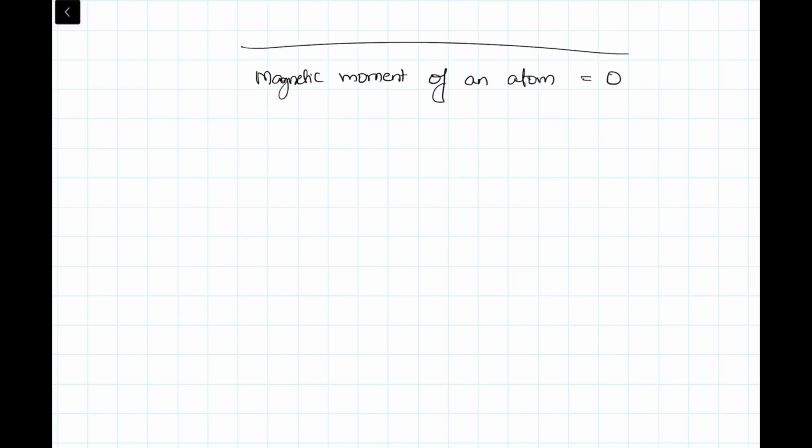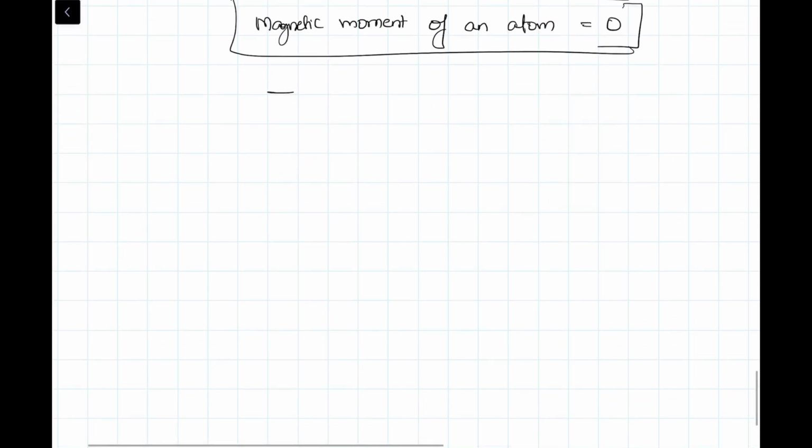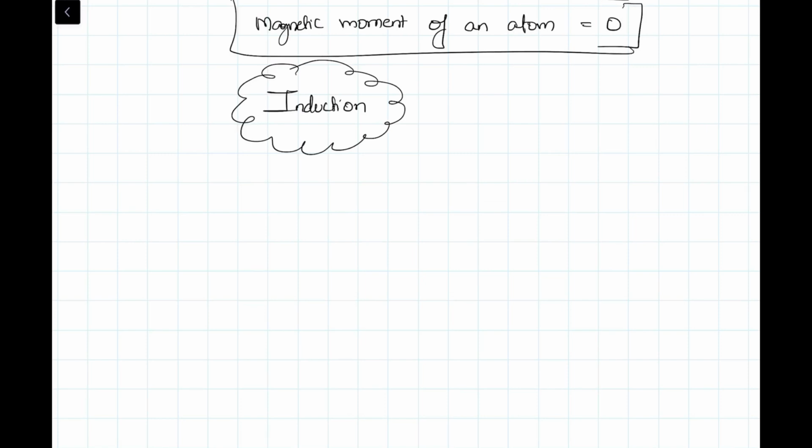In the case of a diamagnetic substance, remember the magnetic moment of an atom is what gives magnetism to any material. The magnetic moment of an atom itself is zero in the case of a diamagnetic material. When you bring such a material into an external magnetic field, there will be magnetic induction, and the atom will become magnetic.